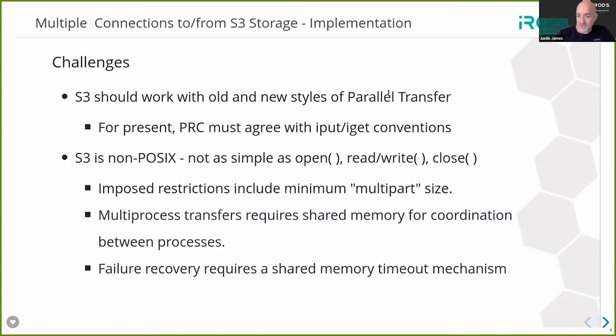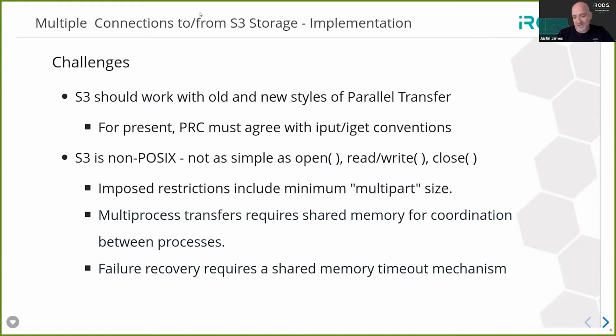we had to use shared memory for coordination, because the threads or processes have to coordinate timing, especially in a multi-part upload. One process has to begin the multi-part upload, then all of them will do one or more parts each, and finally the last one to close has to do a complete multi-part upload.